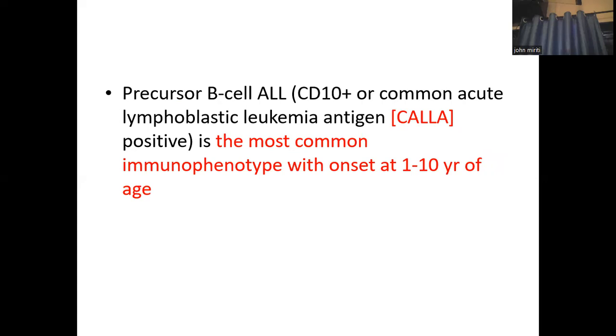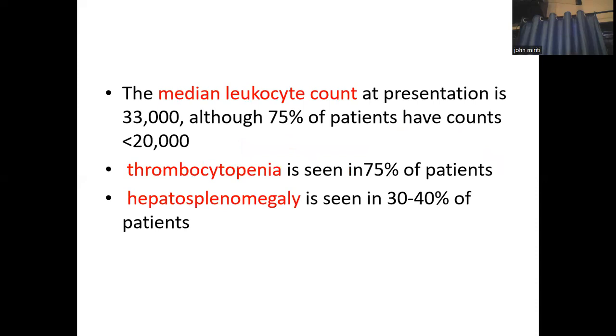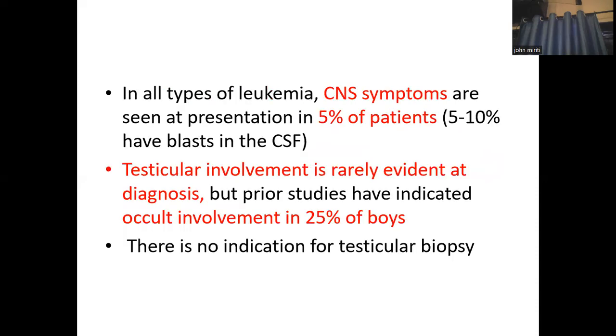So the immunotype with onset at 1 year of age. So the median leukocyte count at presentation is 33,000, although 75% of the patients have a count of less than 20,000. Thrombocytopenia is seen in 75% of patients, and hepatosplenomegaly is seen in 34% of patients.